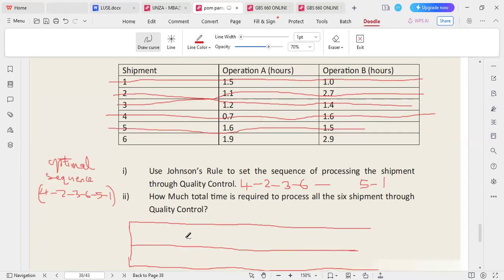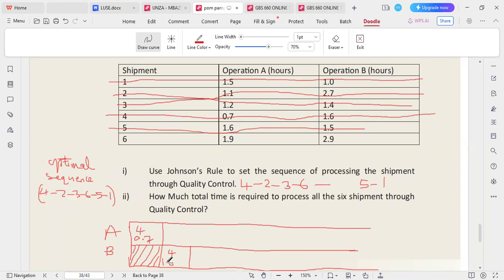So now under this one, we have operation A and operation B. When the first shipment, 4, is being worked on, it takes 0.7 hours. Meanwhile people in B are idle because it's the same job, so they wait for it to finish running in operation A so that they can start running it in operation B. Now 4 is being run in operation B. It's taking 1.6.